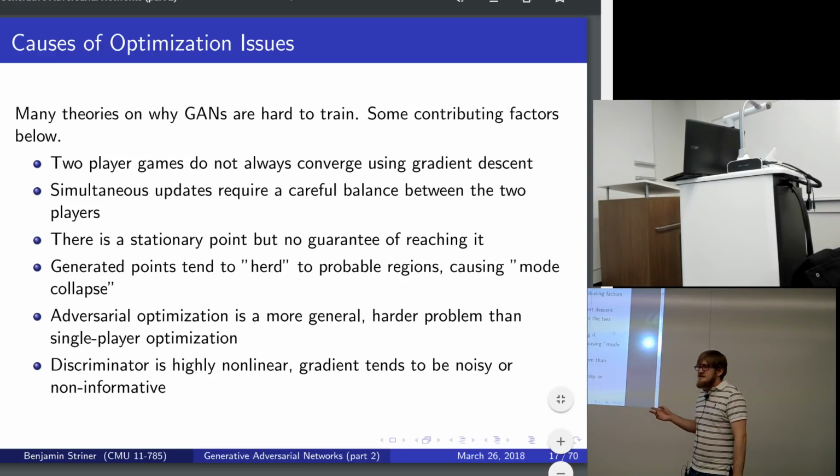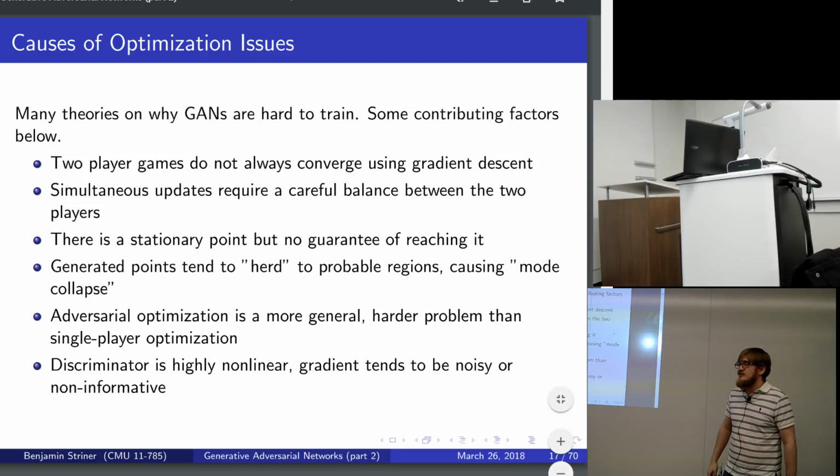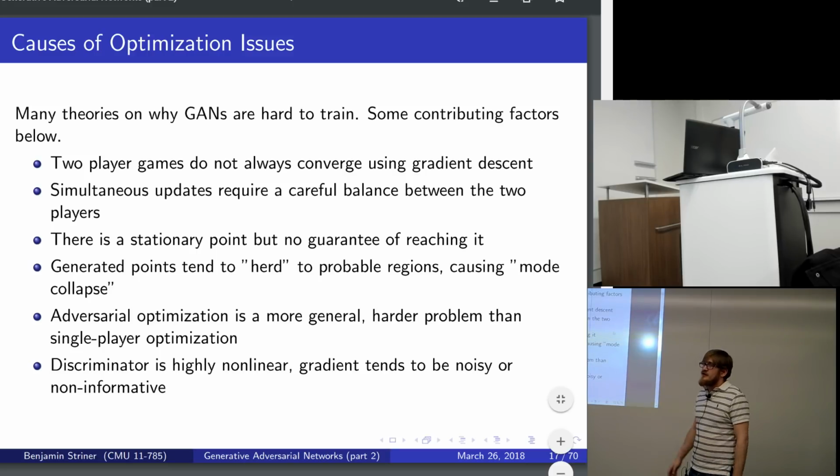But mode collapse is basically your generator starts doing just one thing. So you train it on all of the MNIST digits, and it will just produce 8s. Or it'll just produce 8s and 3s because they're kind of similar. So you'll see it do a very narrow part of the distribution, not actually cover what it's supposed to be covering. That's very similar to herding like we've seen in other situations.